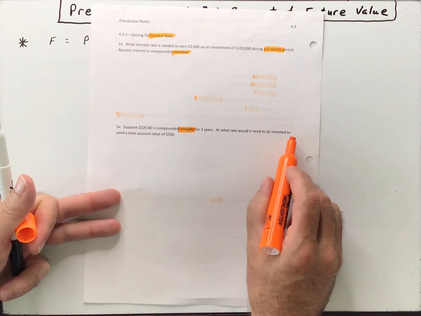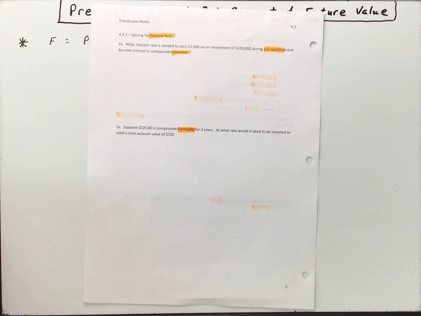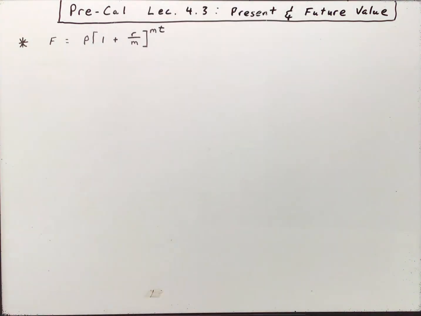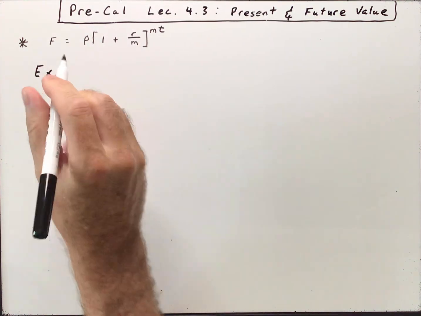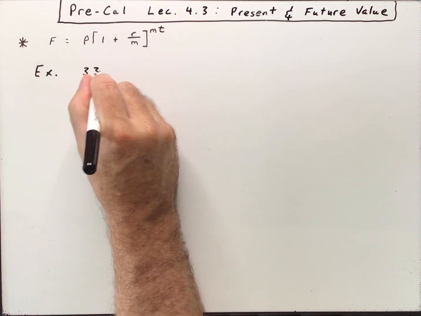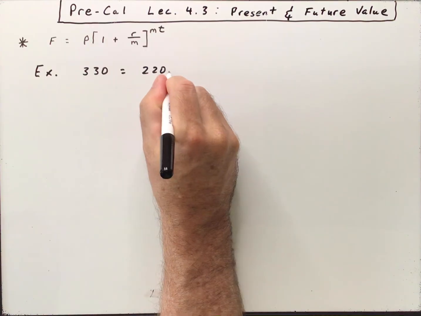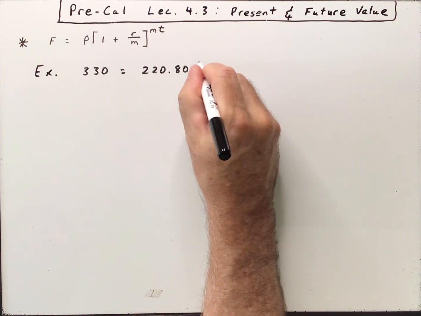At what rate would it need to be invested to yield a total account value of $330? All right, which one is the future and which one is the present value? Well, the future value is going to be the larger one because it's growing. So we'd have 330 is equal to 220.80. So that's my P. This is F, this is P.